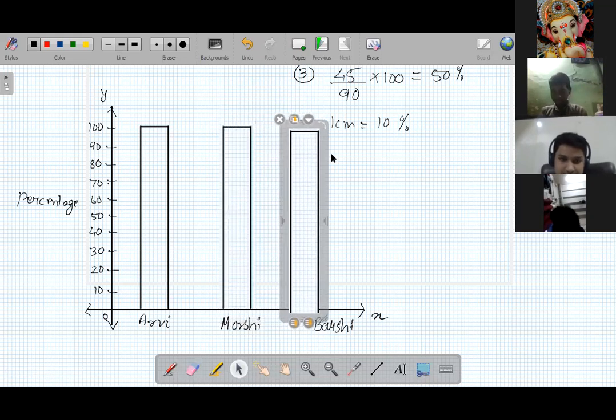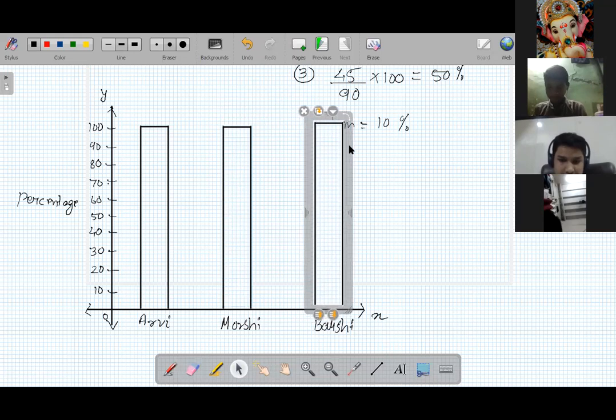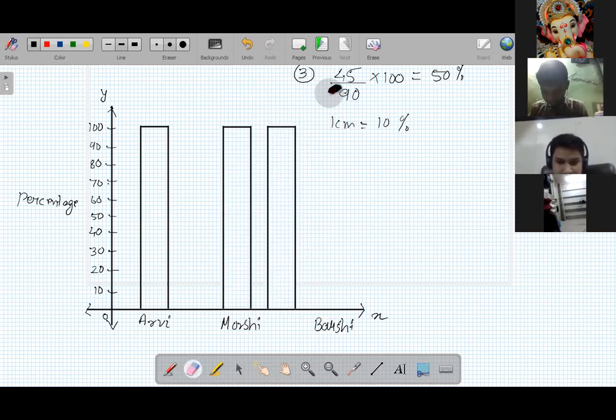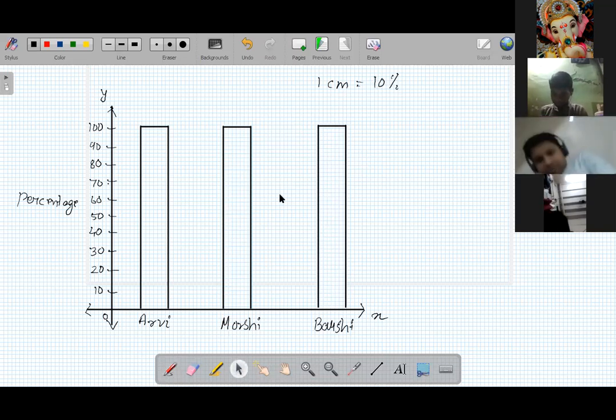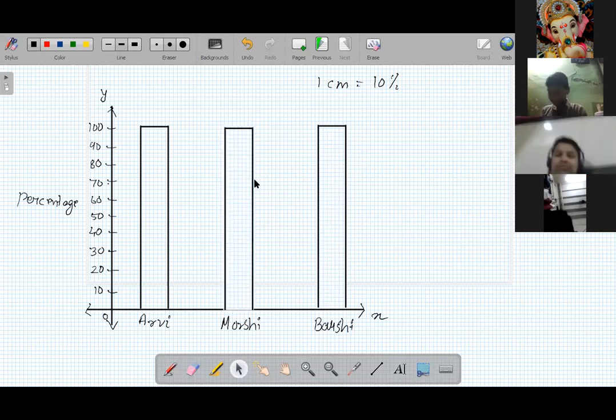And third bar also you draw up to 100. I'll write the scale again: 1 centimeter equal to 10%. Is this clear? First step, since there are three cities, you write all the three cities on the x-axis, and then all three bars you draw up to 100.